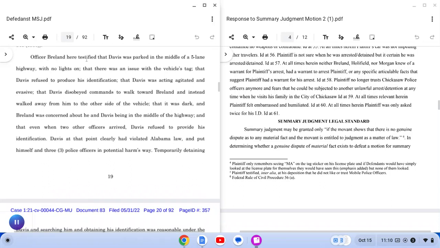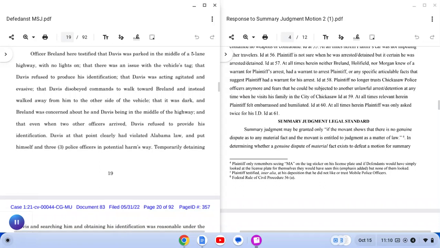Officer Breland here testified that Davis was parked in the middle of a 5-lane highway with no lights on, that there was an issue with the vehicle's tag, that Davis refused to produce his identification, that Davis was acting agitated and evasive, that Davis disobeyed commands to walk toward Breland and instead walked away from him to the other side of the vehicle, that it was dark and Breland was concerned about he and Davis being in the middle of the highway, and that even when two other officers arrived, Davis refused to provide his identification.